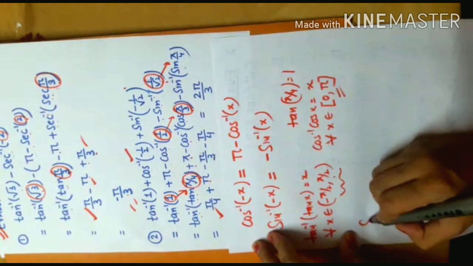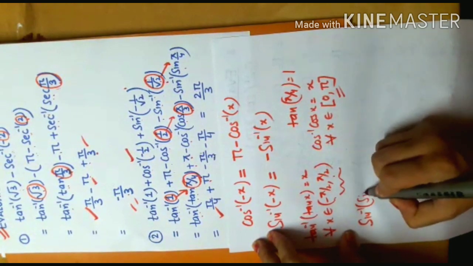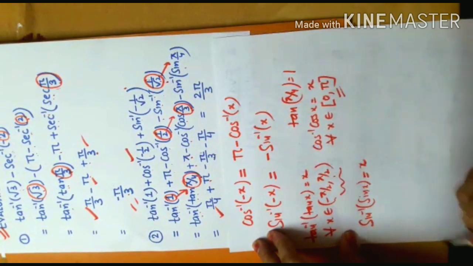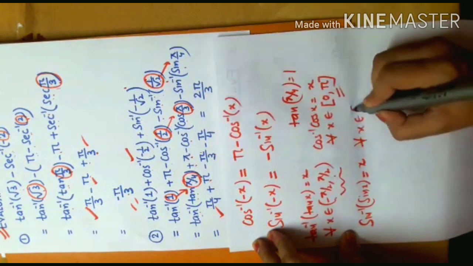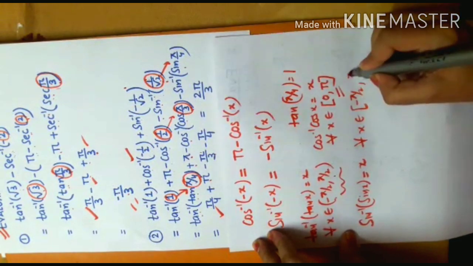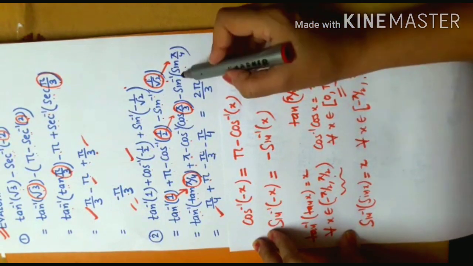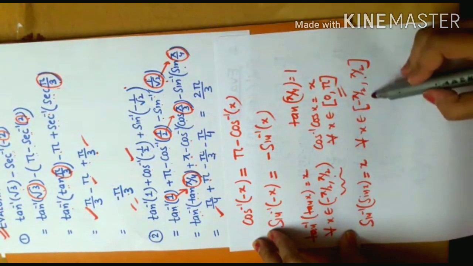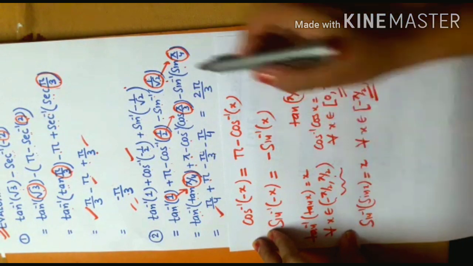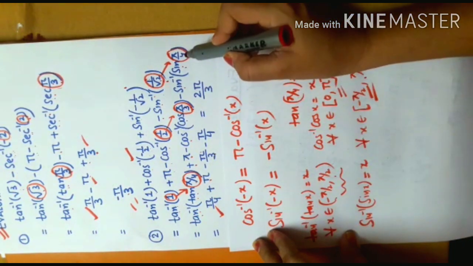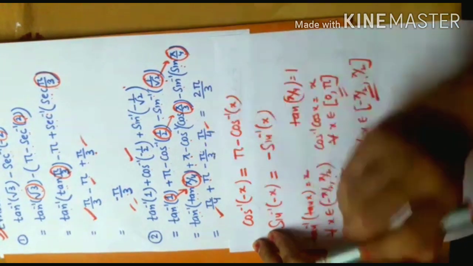And here sine inverse sine x is equal to x for all x which belong to the closed interval minus pi by 2 to pi by 2. And you can see this pi by 4 lies in this closed interval. So sine inverse sine pi by 4 will be equal to pi by 4.